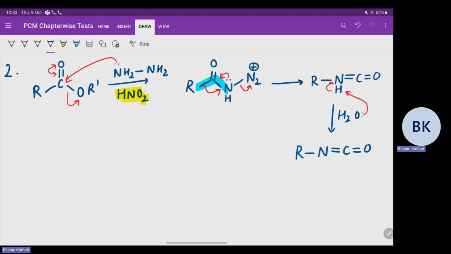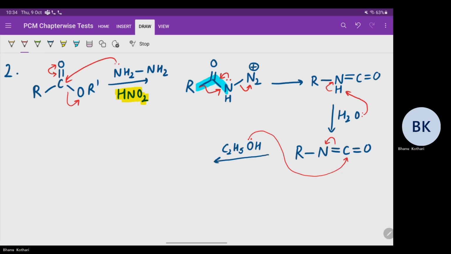Now, in this reaction, if we react it with ethanol, what will be the second step? Now, ethanol is a nucleophile, and this carbon is an electrophile. So this OH will attack on this carbon, and this bond will break and come to nitrogen.